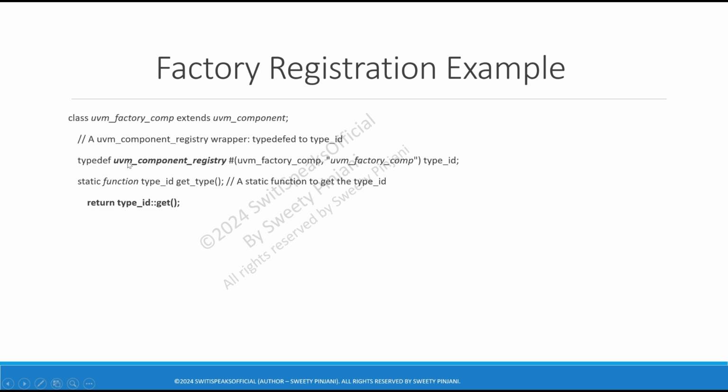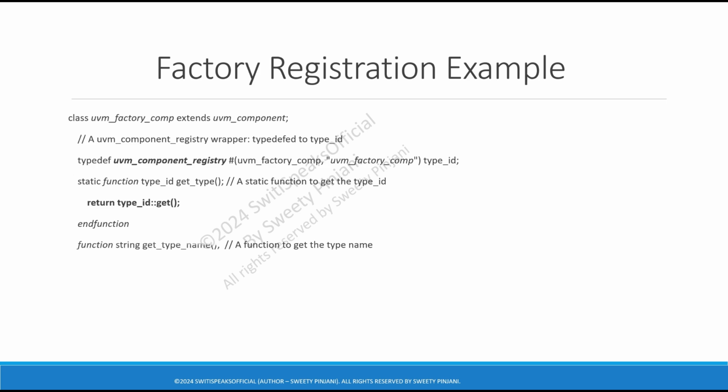Here, if you see the typedef which I created, the name of that typedef is type_id. The same should be the return type of your function because it is going to return this typedef which you created. This and this should match. You can give any name, but whatever name you give here should be the same return type. And then call the get method to get that type_id.